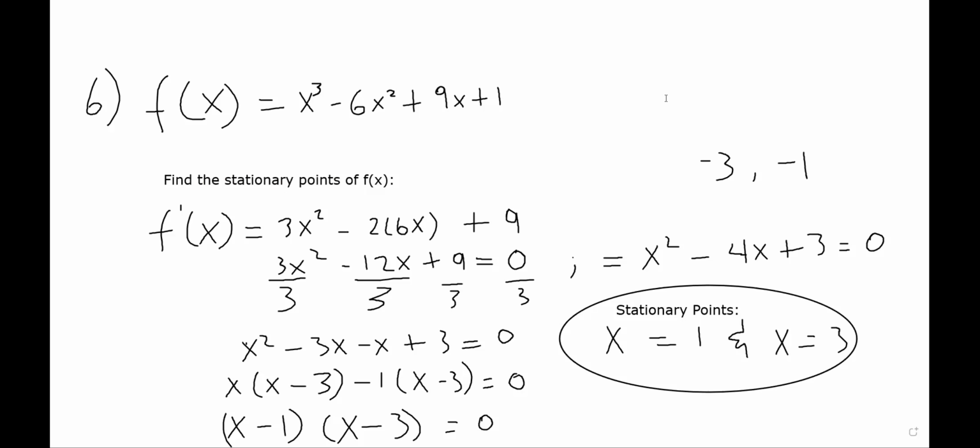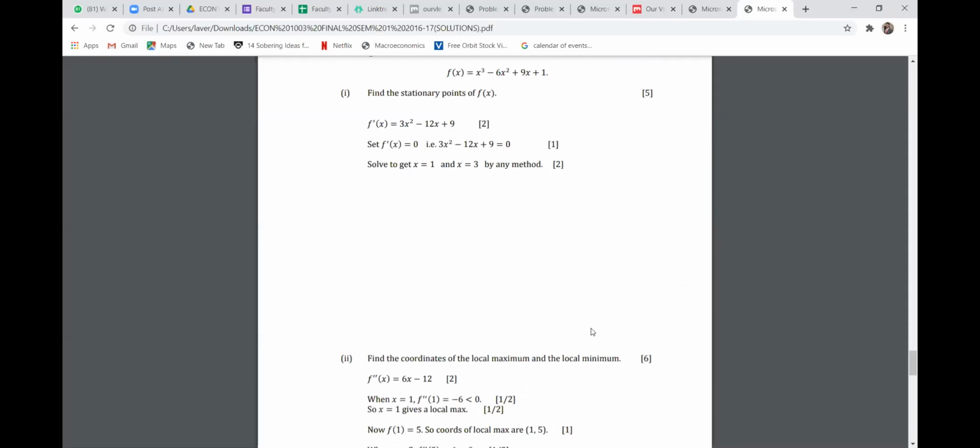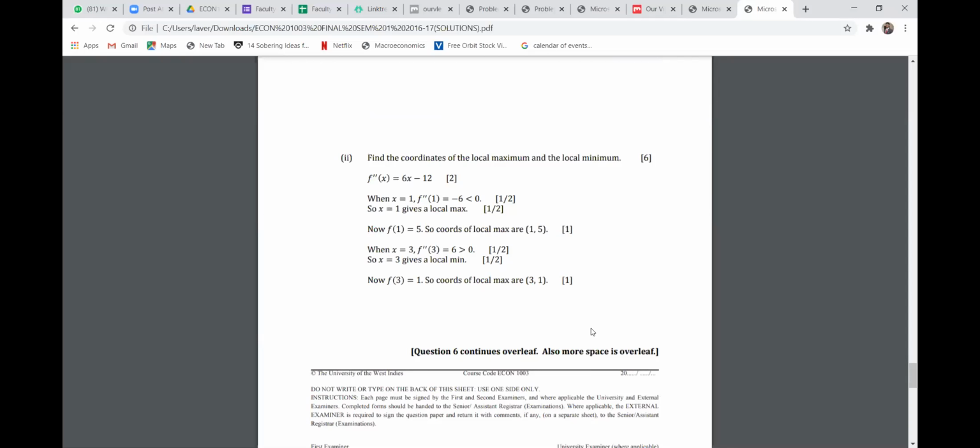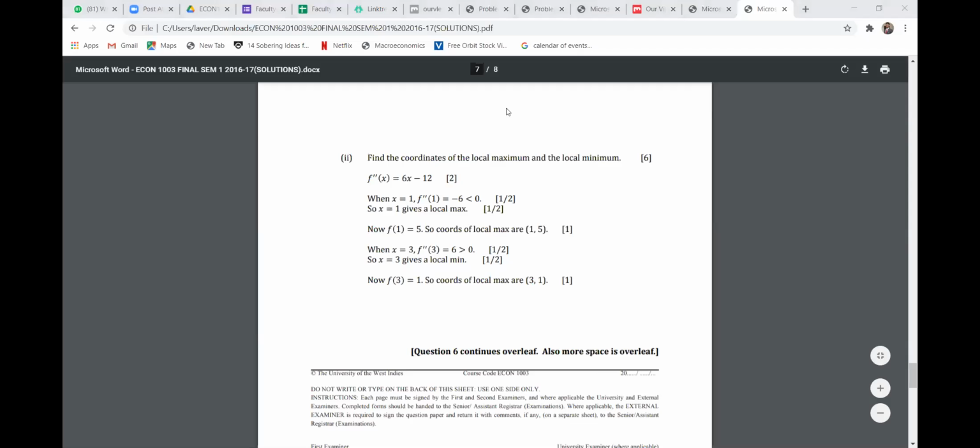Right? So we found our stationary points. The second part of the question now is asking us to find the coordinates of our local maximum and our local minimum, right? So how do you know when something is at maximum or at minimum?